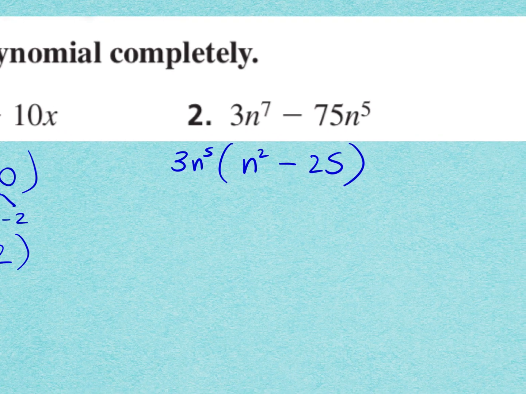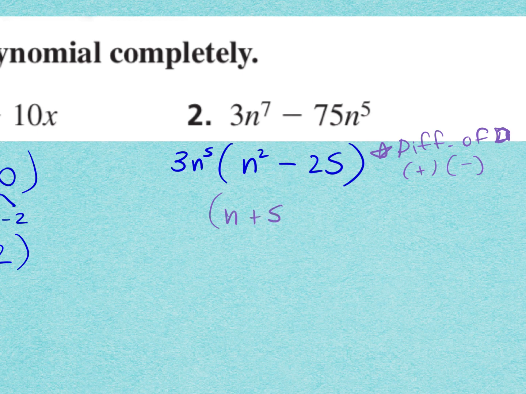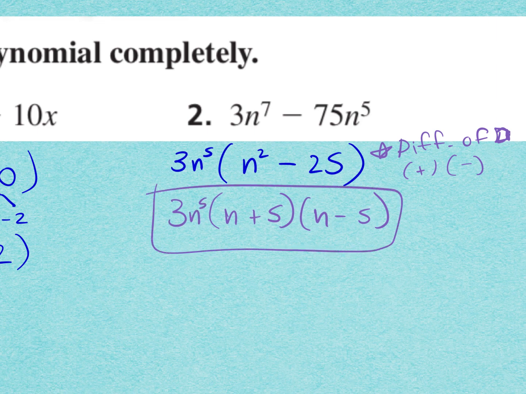What's special about n squared and 25? It's the difference of squares. What does the difference of squares factor into? Awesome. One parentheses with a plus and one with a minus. So this would be n plus 5 and n minus 5. And don't forget about the GCF that we took out in the beginning.